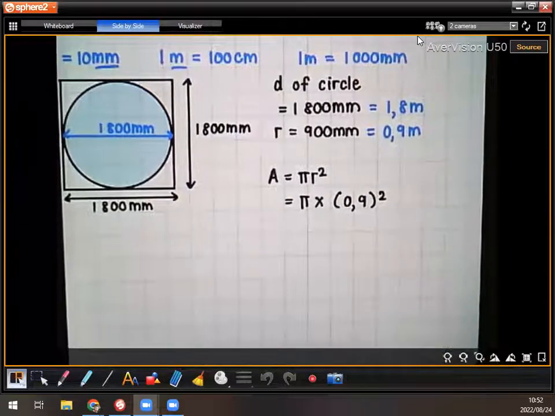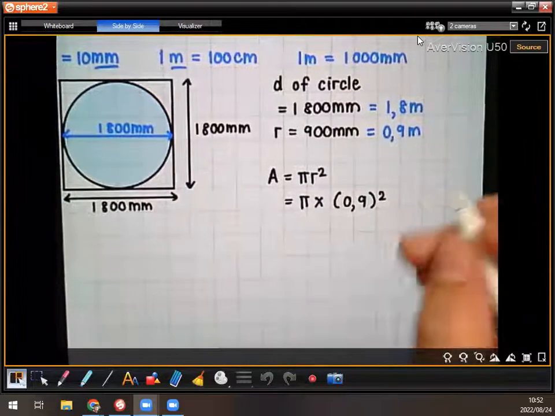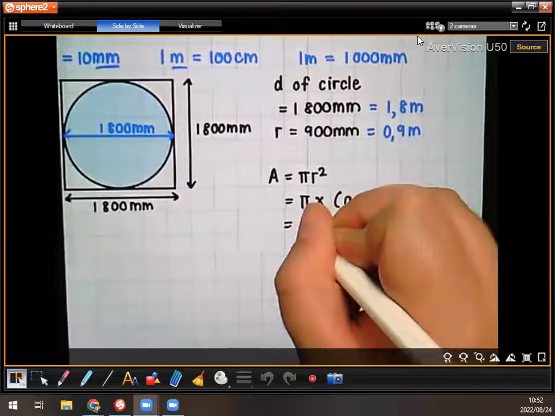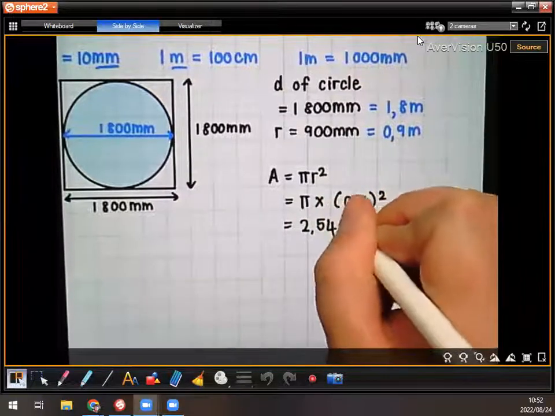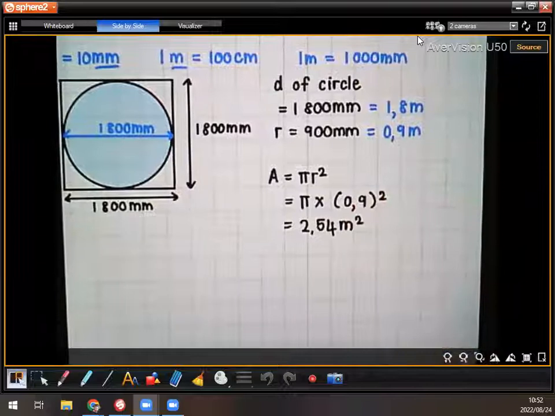So not 900 squared like I had it at first. So our final answer is then much more realistic, 2.54 meters squared. It does make more sense to work with meters if you're having this kind of project.